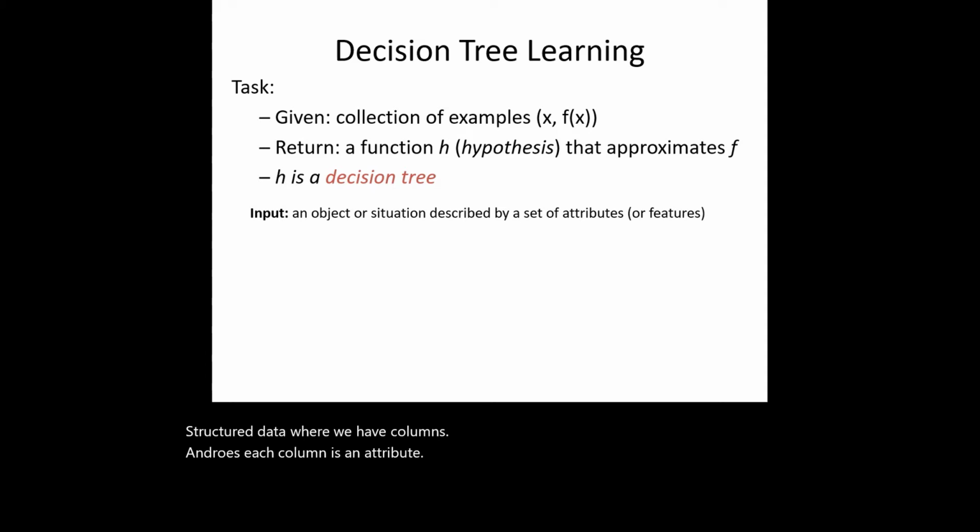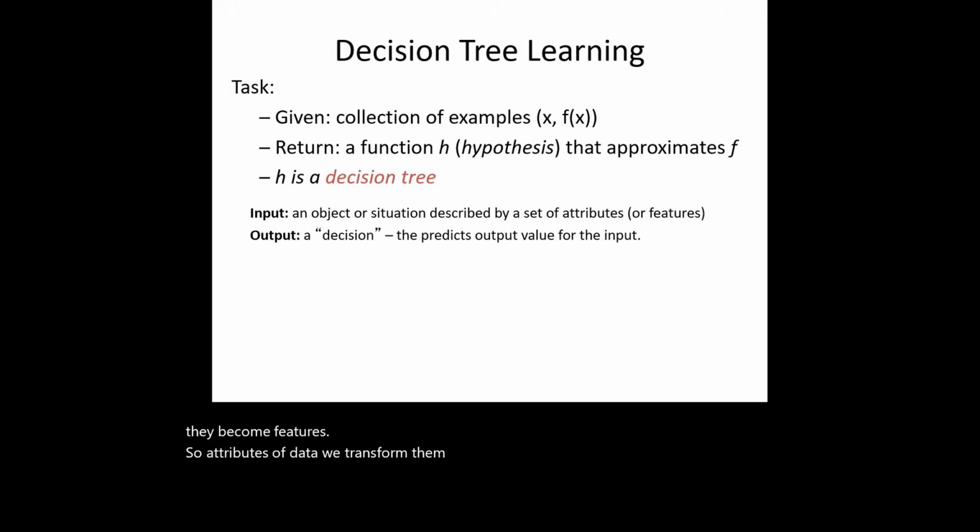So there will be n attributes, we prepare them and do something to make them learnable, put them in a learnable format, and they become features. So attributes of data, we transform them into features. And once those features go into the decision tree, it outputs a decision whether it belongs to class A or B. By it, I mean the X, the set of features.